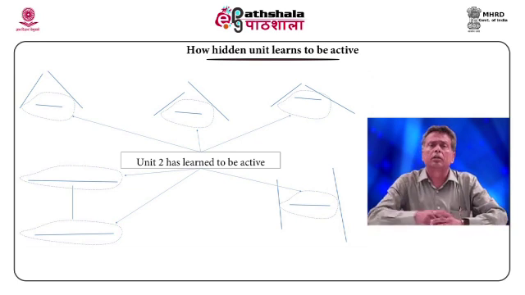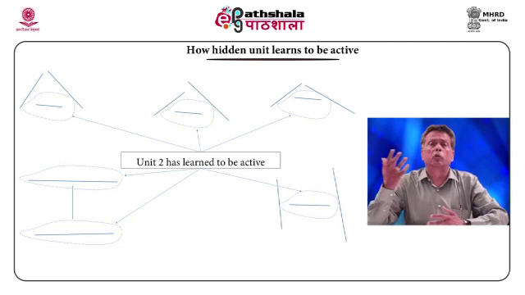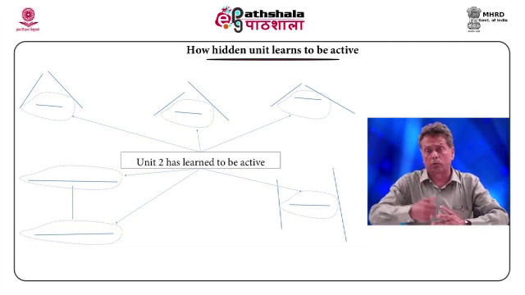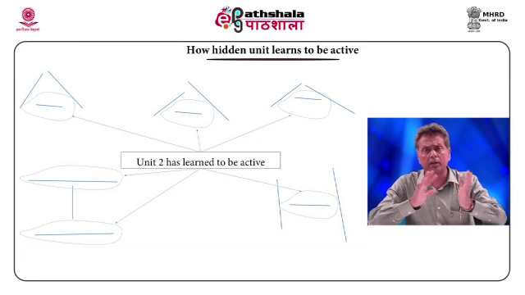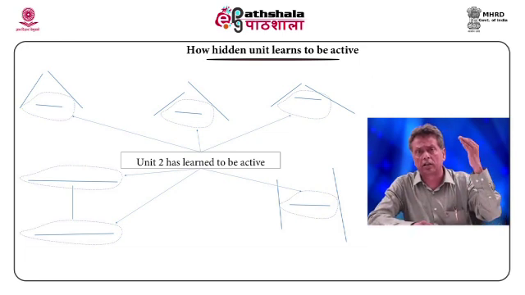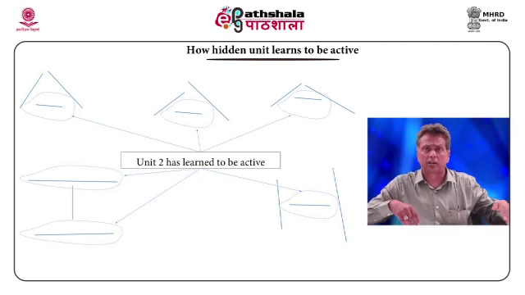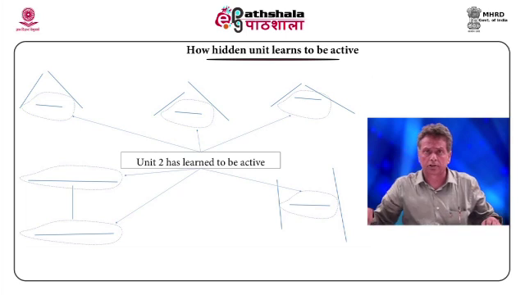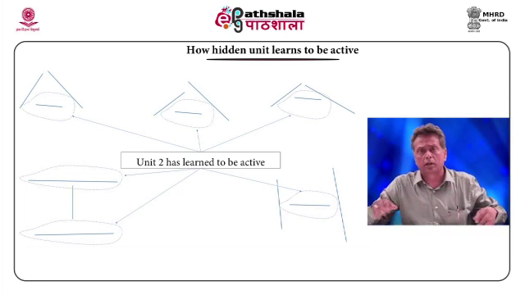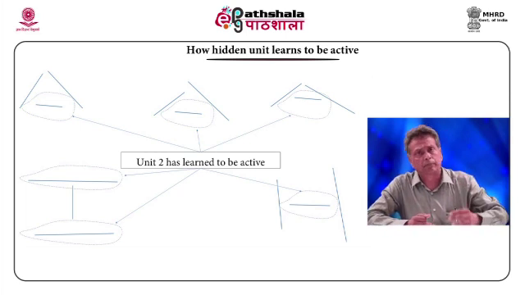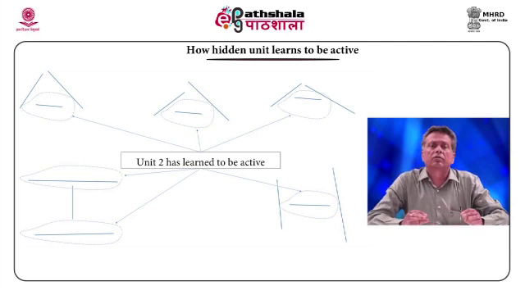How an output unit learns to remain active when, for example, A is provided to it is again pretty simple. It will just look at 3 hidden units: one on one slanting line, the other on the other slanting line, and the third one on the horizontal, that is, left to right up, left to right down and horizontal.